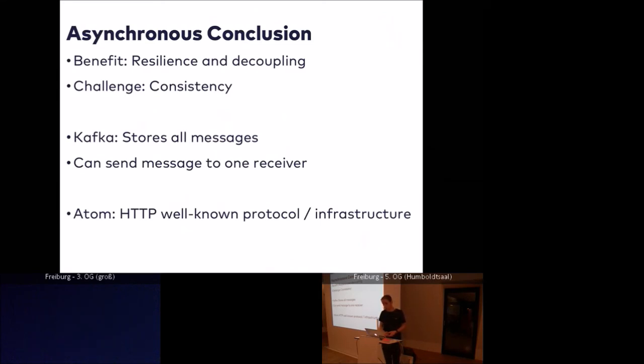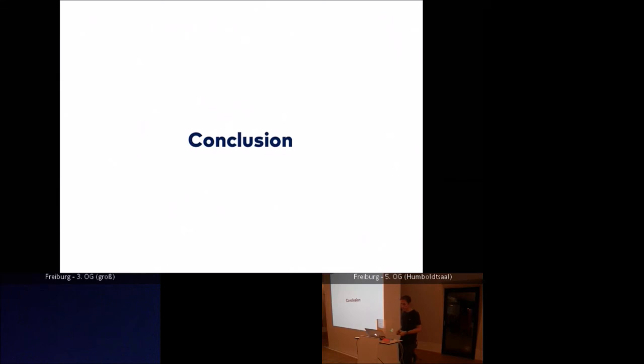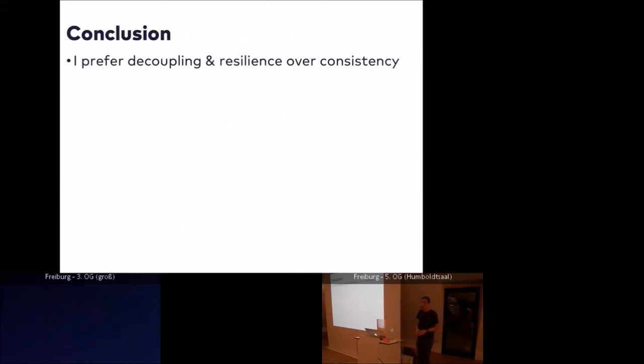So let me conclude. I have to admit, I personally prefer decoupling and resilience over consistency. The hard challenges in a microservices system, in my opinion, is to decouple the systems, to make them truly independent, and to make them resilient. So if one system crashes, the others don't crash.